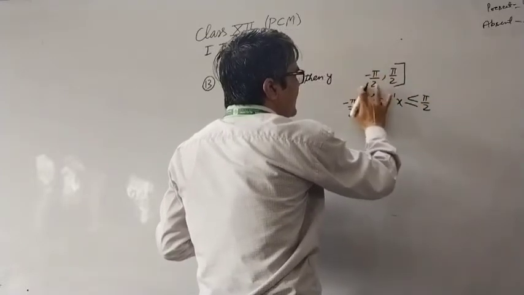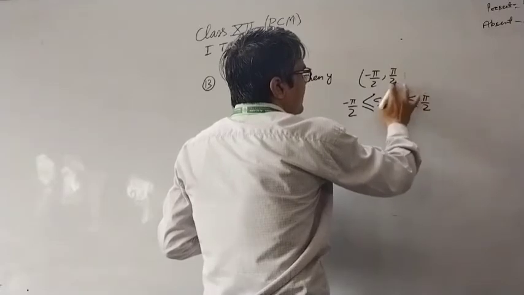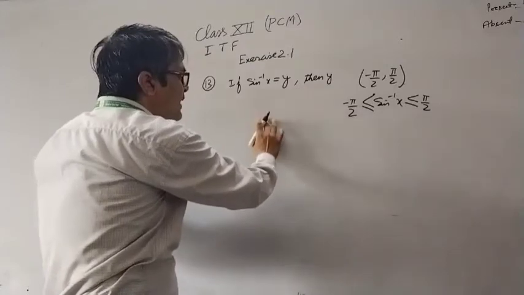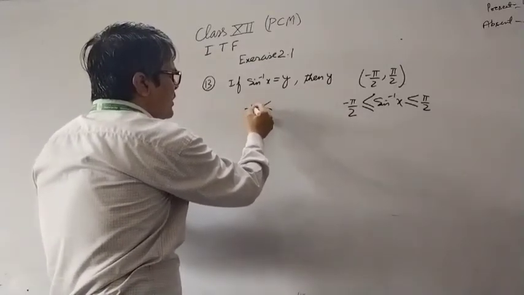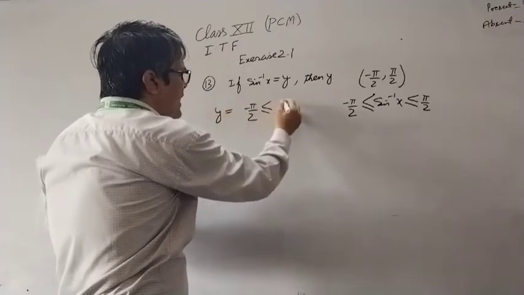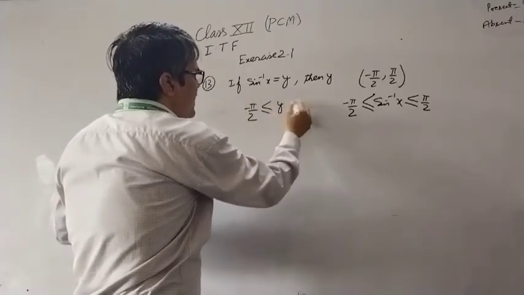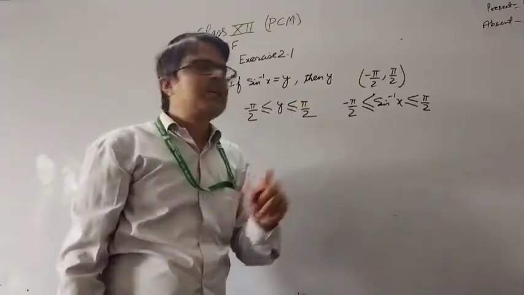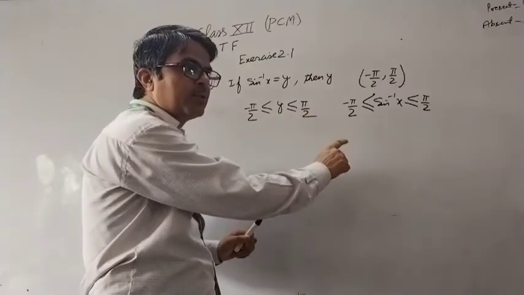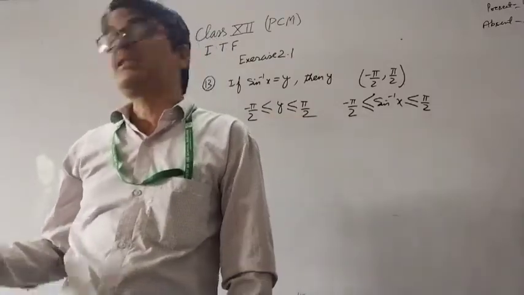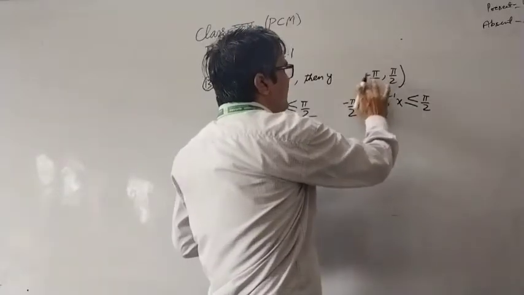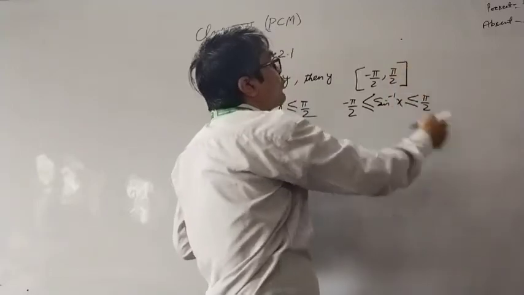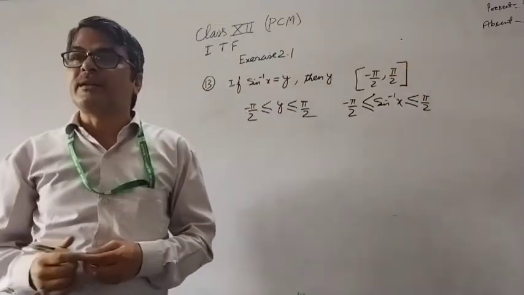If it was an open bracket, then you have to remove the equal to sign. In options, it may be given without the equal to sign also, so you get confused. What is the answer? So here the closed bracket tells you that you have to write the equal to sign. Okay?